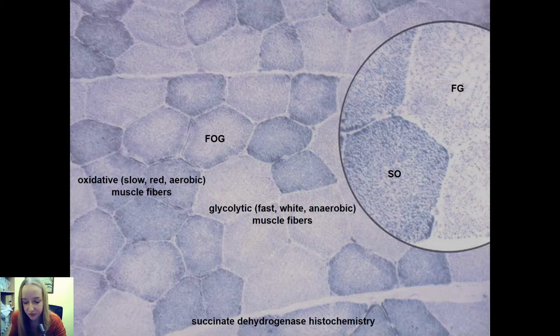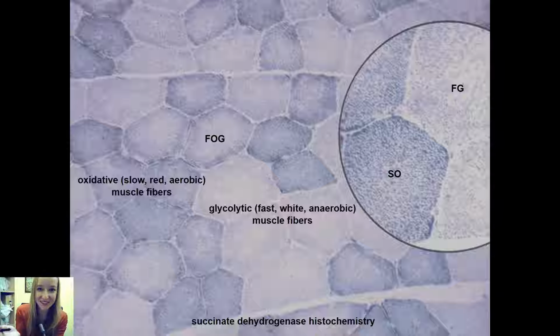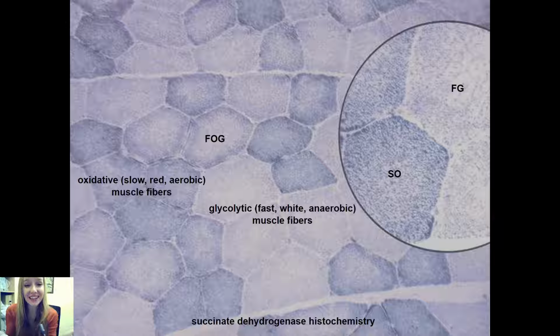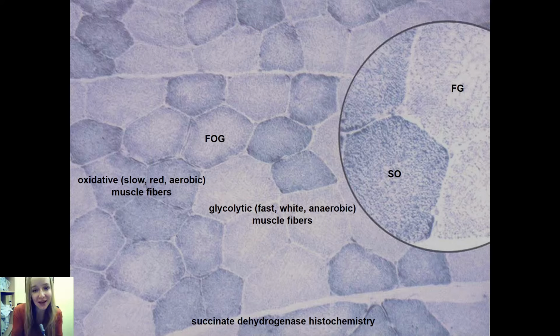As you saw before on the second picture of cross sections of muscle fibers, some of them are more eosinophilic, some of them are less eosinophilic. This is a special staining for succinate dehydrogenase, an enzyme that is normally located in the mitochondria. So when we stain this enzyme, we're really visualizing how many mitochondria are in the muscle fibers, and we differentiate muscle fibers.